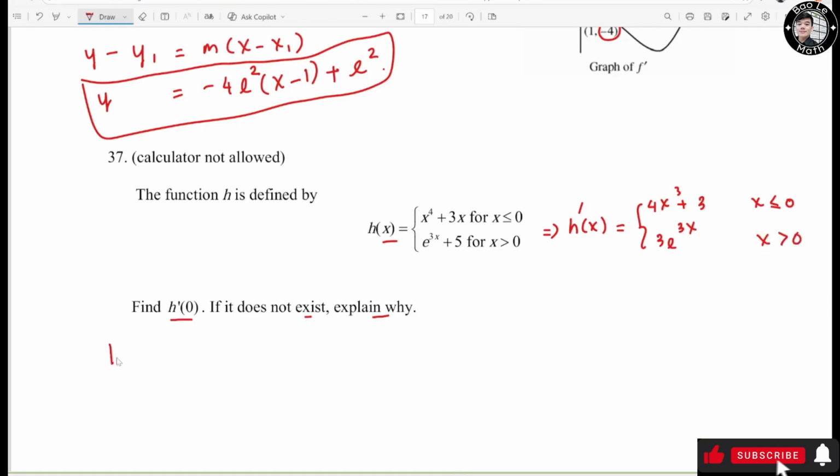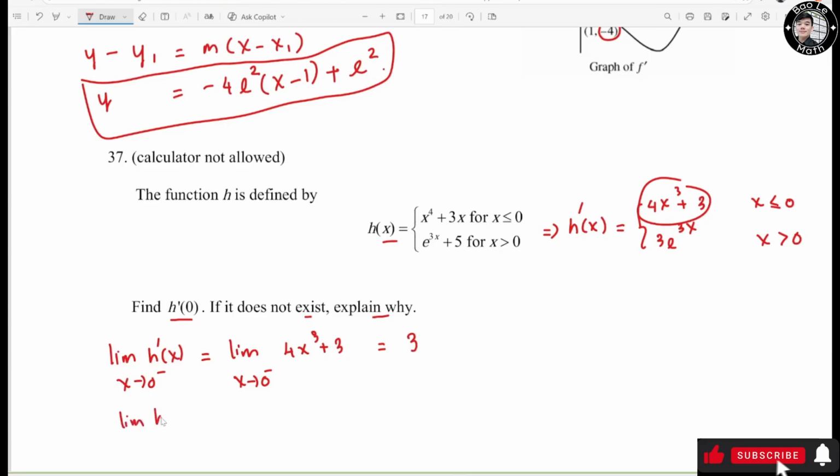Now we need to find the limit of h prime of x as x approaches 0 from the left, so we're going to pick this piece right here. It is the limit of 4x cubed plus 3 as x approaches 0 from the left. Substitute 0 for x, and the answer is 3.